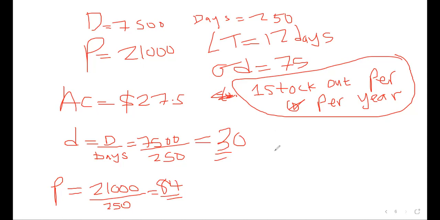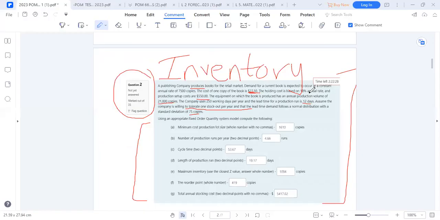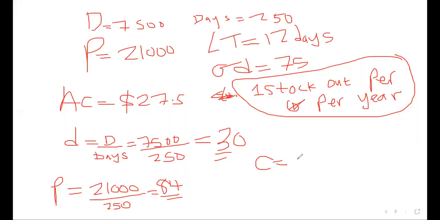All right. Then carrying cost is always a percentage of unit price. So carrying cost from here is 18%. Carrying cost is 18 over 100 multiplied by 27.5.